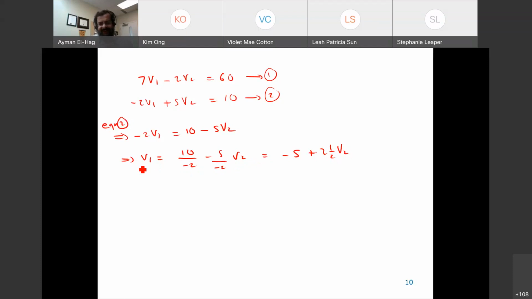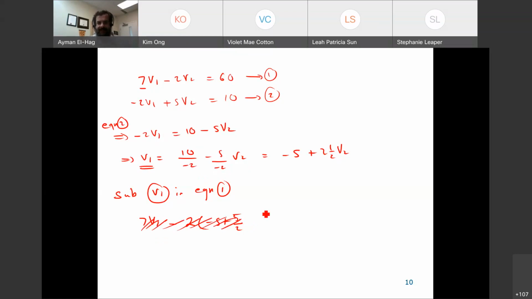So we'll take this value and substitute it in equation 1. Sorry, I did it the other way around. Basically, I need to substitute for V1, not for V2.